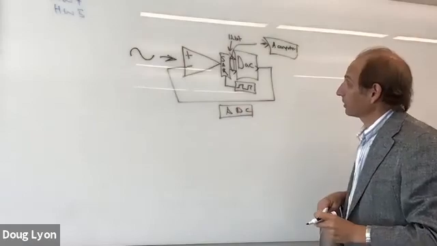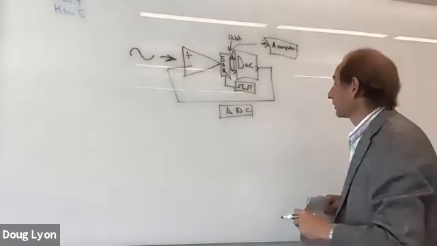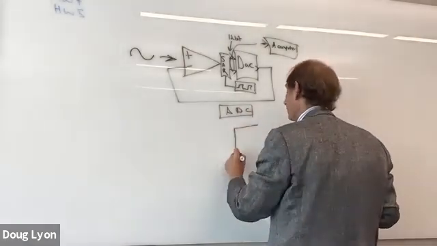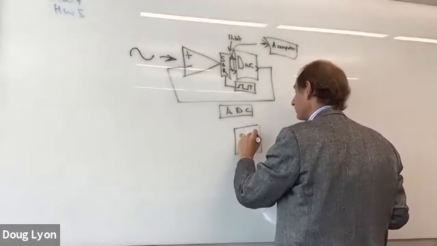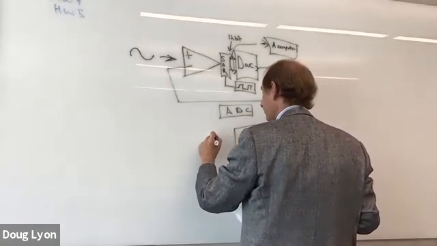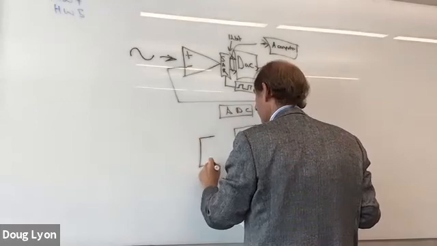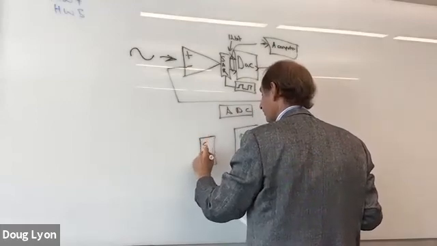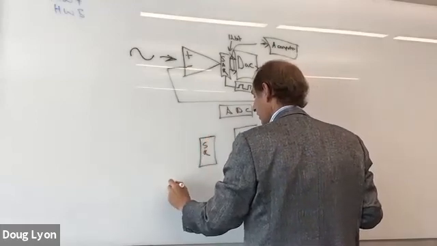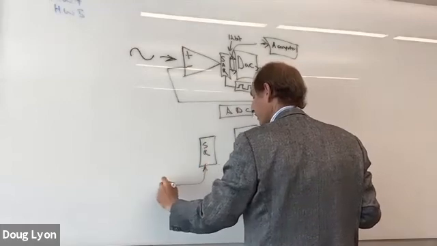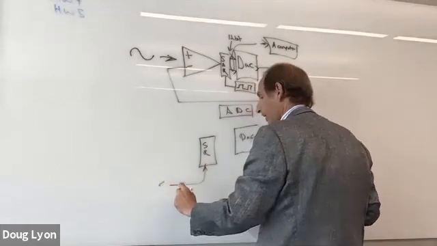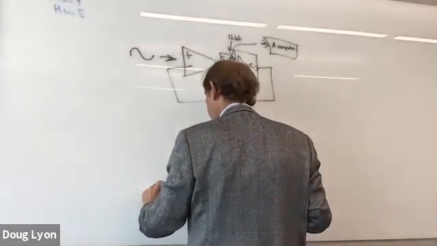Now suppose you wanted to have your little DAC at the end of a serial port. The DAC is parallel. Here comes a shift register. Here comes the data. We'll call it master out, slave in, MOSI.